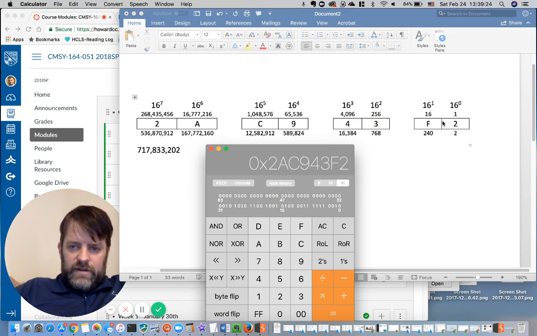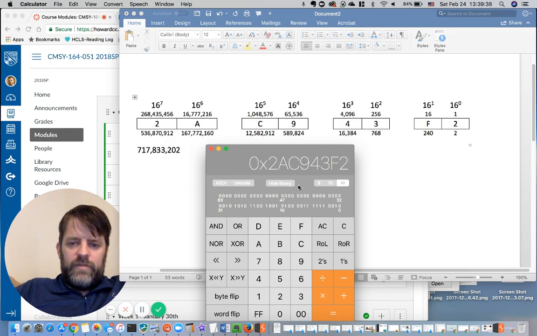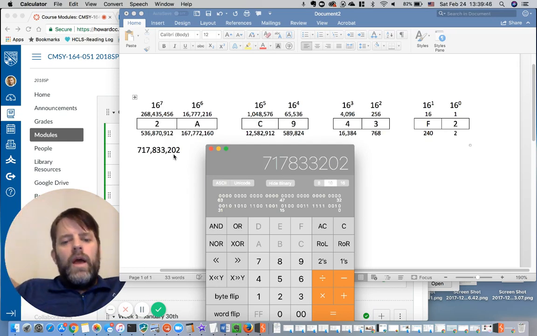That's the number we have in hex, and so we can see what the value looks like. It's 4 bytes long, so we can see what the value would look like in binary. You can, by the way, on a Mac, show or hide the binary, and then I'm going to change it to decimal, and it's 717,833,202. Woohoo! We did it right.